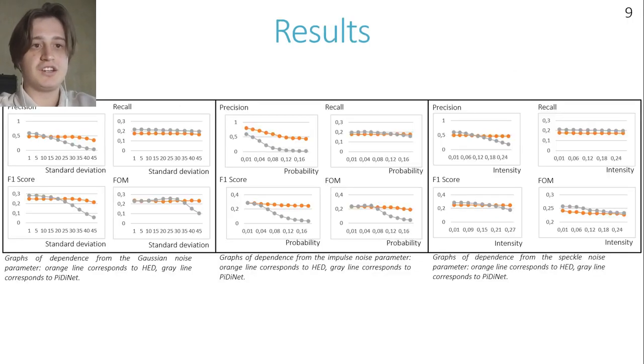These graphs demonstrate the dependence of the metric value for edge detection accuracy on the level and type of noise on the image. From the graph, we can notice the trend that as the level of each type of noise rises, the accuracy of edge detection by PiDiNet decreases, while HED shows better stability in every case.